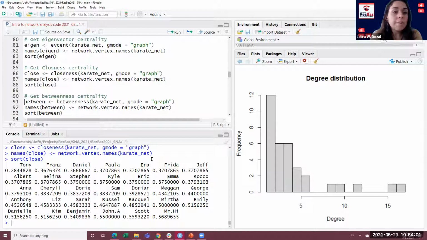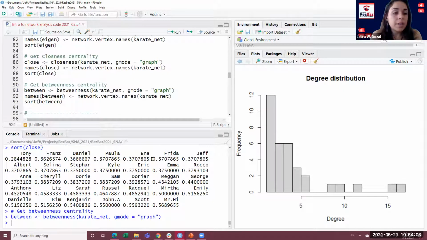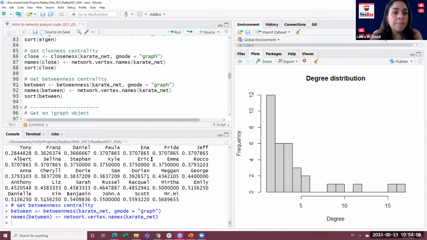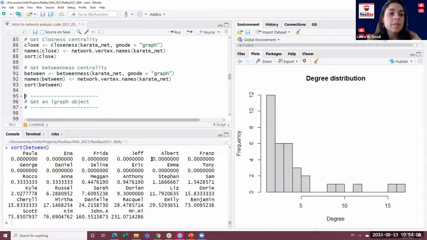And so let's see our betweenness centrality and look at how connected these actors are. Here, again, Mr. High has the highest betweenness centrality. So he's kind of the go-to actor within the network to connect to other actors in the network. John A is similar in that sense.